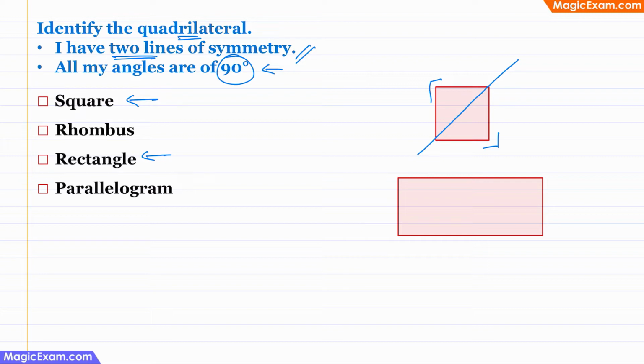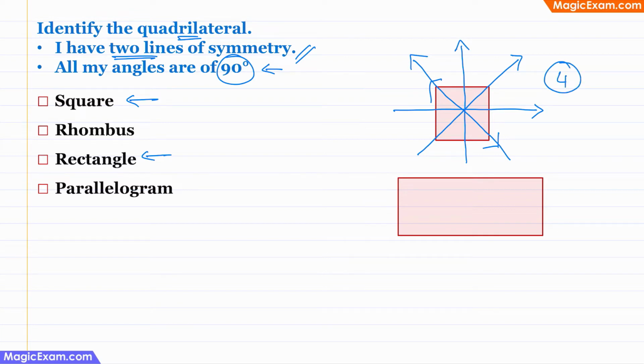Similarly, we can draw a line of symmetry like this as well. Or we can draw a vertical line of symmetry, or a horizontal line of symmetry. So 1, 2, 3 and 4. A square has 4 lines of symmetry.